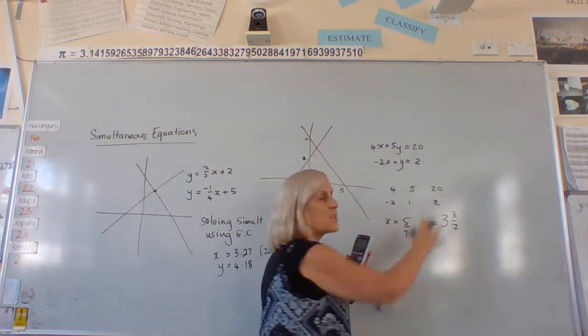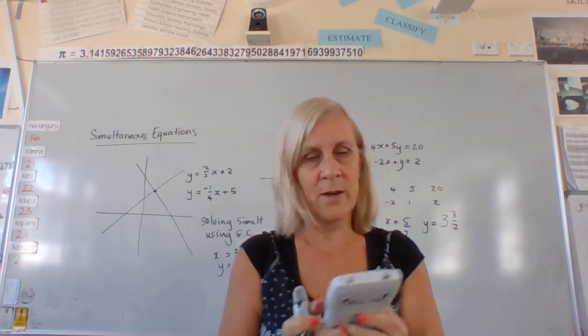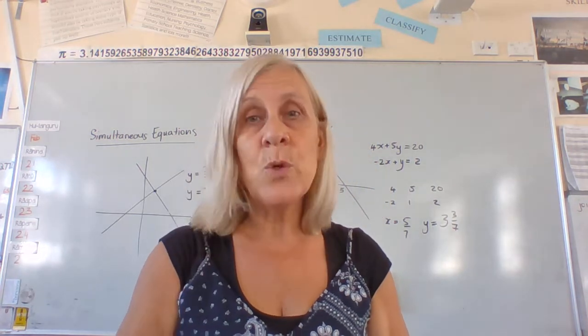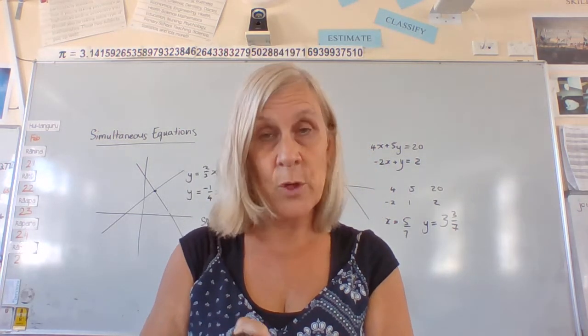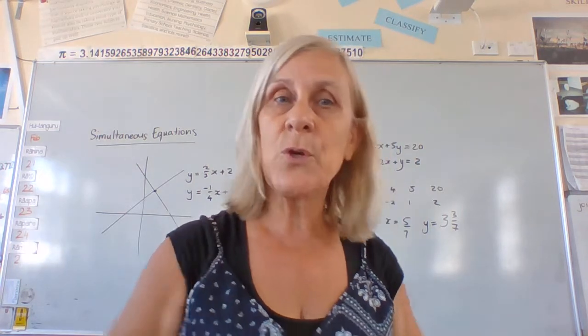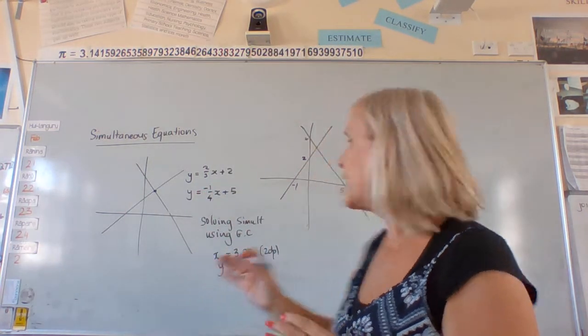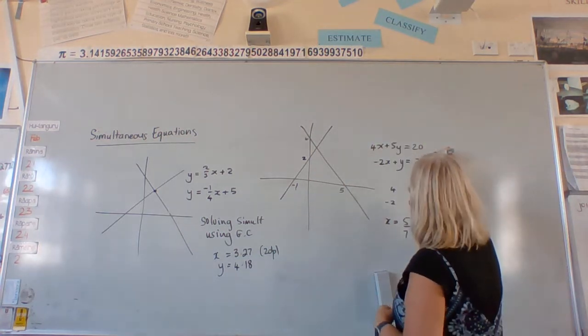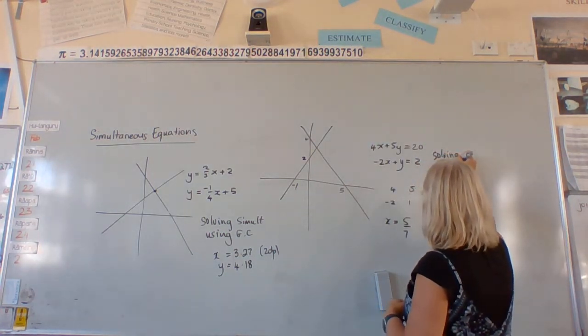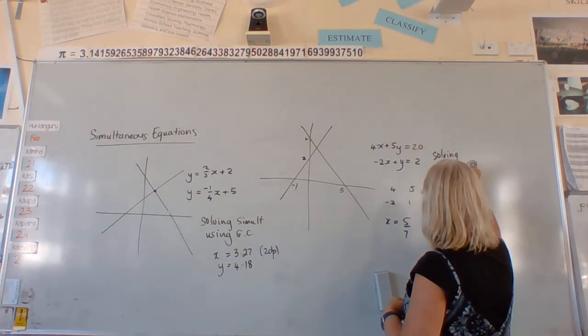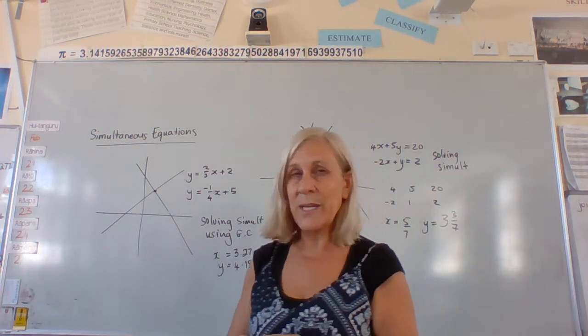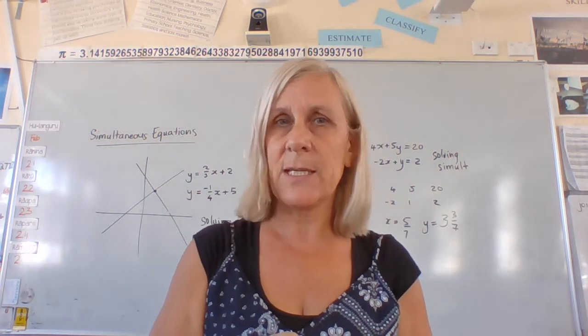So there's two different ways of doing it on your calculator. You can, of course, do it by hand, and some of you have learned to do that. But if you don't understand that, you're allowed to use your calculator as long as you say solving simultaneously. You must understand that that's the process that you are doing to get that point of intersection.